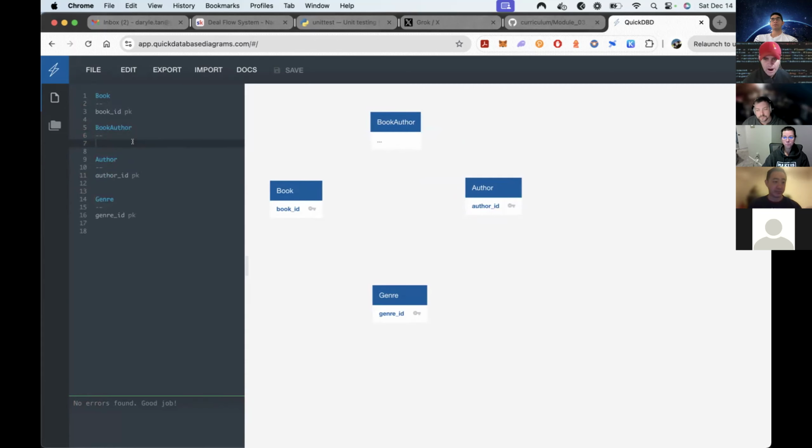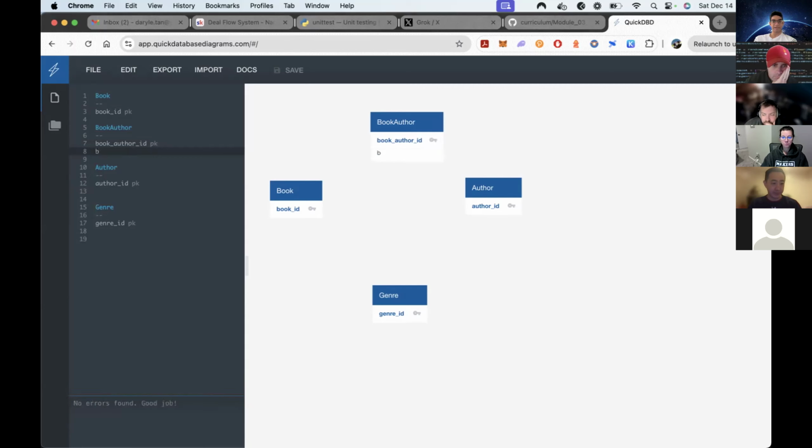Is it generally good practice to give every single table a primary key? Usually, yeah. That also goes for auxiliary tables like book author that are used in many-to-many relationships. Even though they only exist to connect other tables, you still want to give them a primary key field.